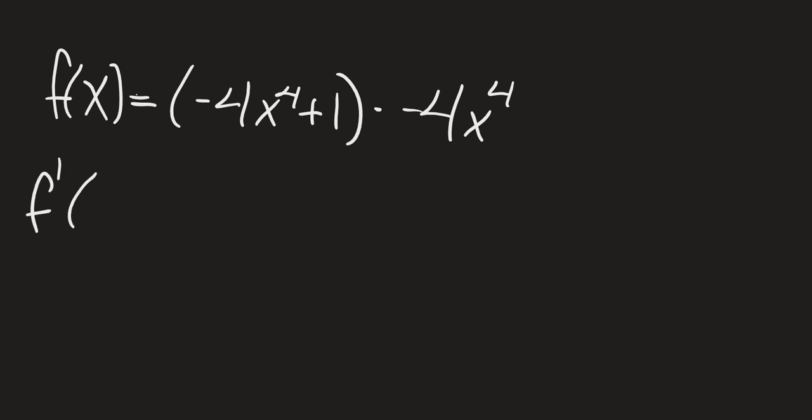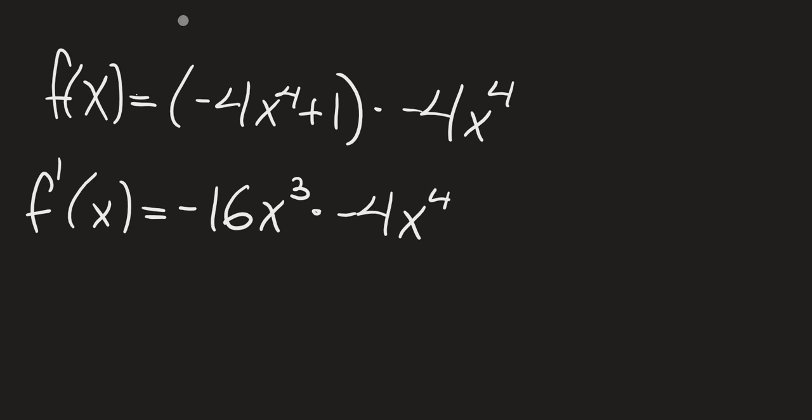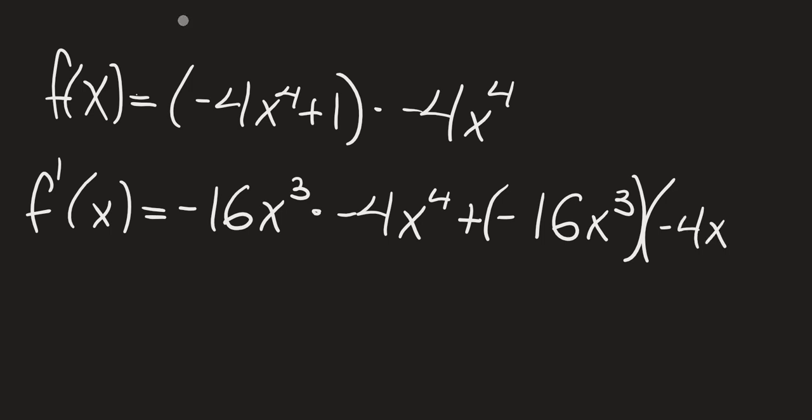When we take the derivative here, the derivative of the first is going to be negative 16 times x to the third, and we're going to leave the second left alone, negative 4x to the fourth, plus the derivative of the second is going to be negative 16x to the third times the first left alone, negative 4x to the third plus 1.